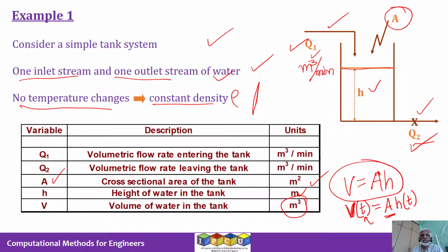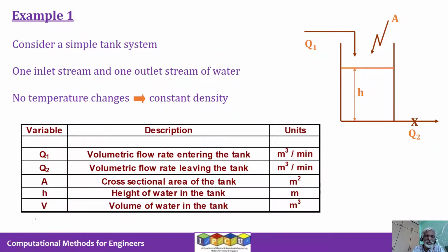Usually, whenever we are working on a system, the first thing we do is a sketch of what the system looks like. Here we write a simple sketch or schematic of the system. Then we write the key variables, so I've written four here, and volume is A times h.